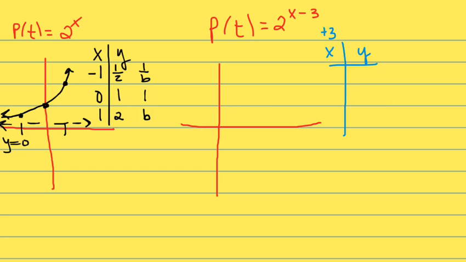So -1 plus 3 is 2. 0 plus 3 would be 3 and 4. I'm going to keep the same y values, so 1/2, 1, and 2. And I'm going to draw in my asymptote. It's always the same. I didn't shift up or down any. So I'm going to go over 1, 2, 3, and 4. So over at 2, 1/2.